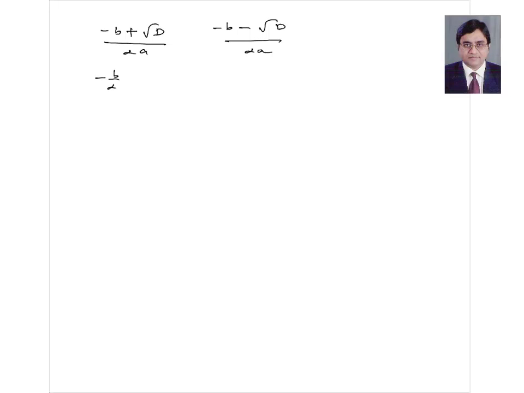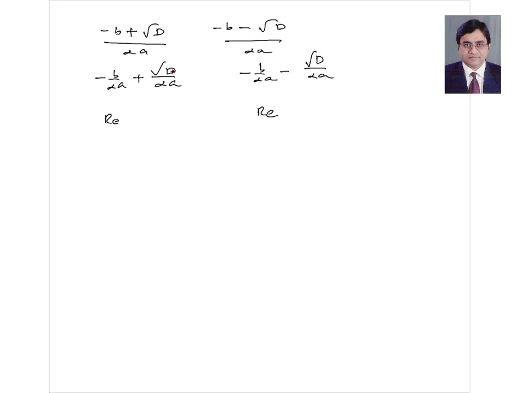When you use splitting, you find that this part is same for both. Note that I am talking about a, b, c to be real. That means b by 2a is going to be real. Of course, the minus sign is also real. So the two complex numbers that you are getting have the same real parts.